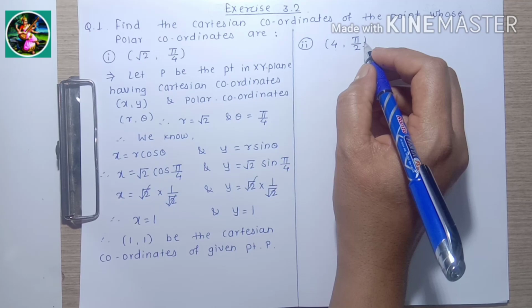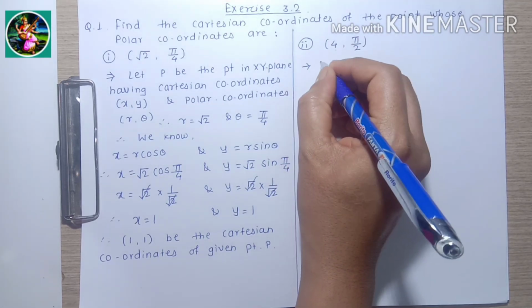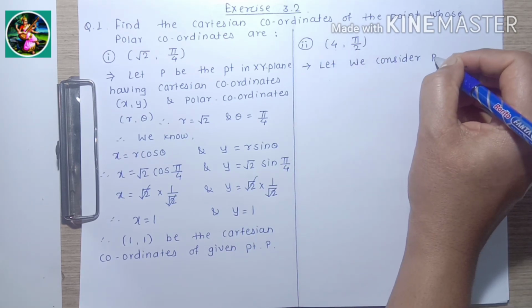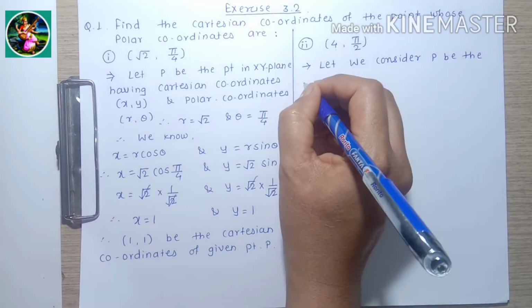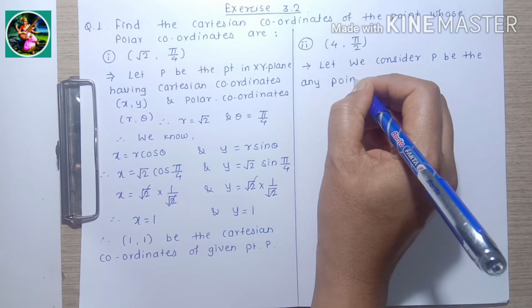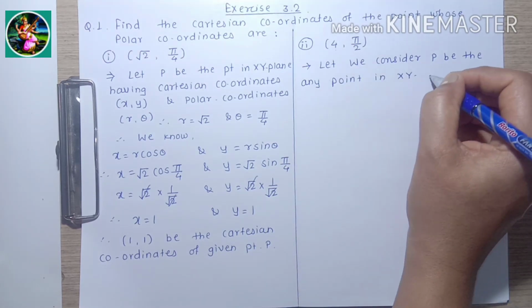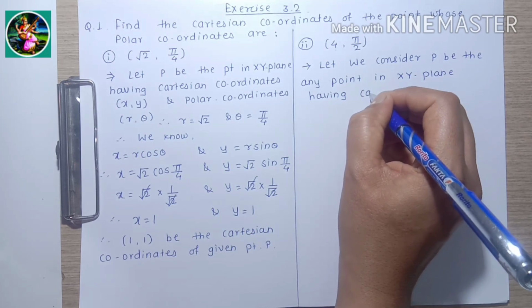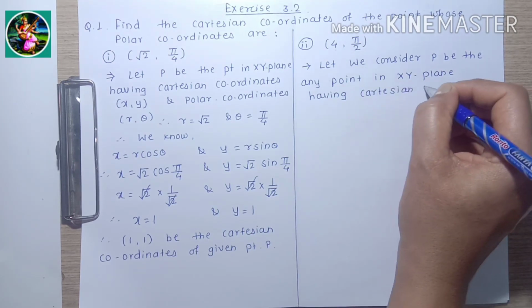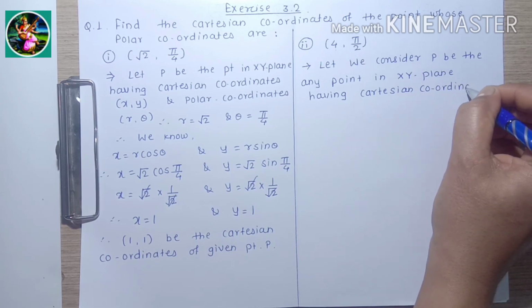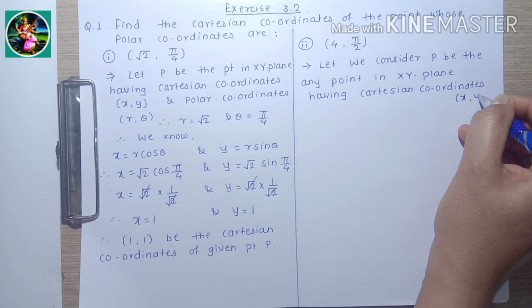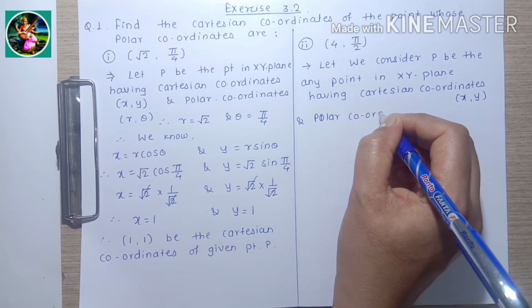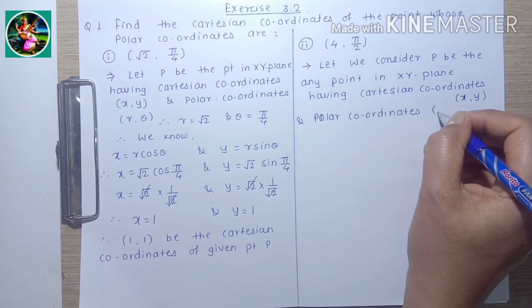Similarly, we solve the second example, that is (4, pi/2). Here also these are the polar coordinates given. Let me again consider P be any point in the xy plane having Cartesian coordinates x, y, and polar coordinates r, theta.